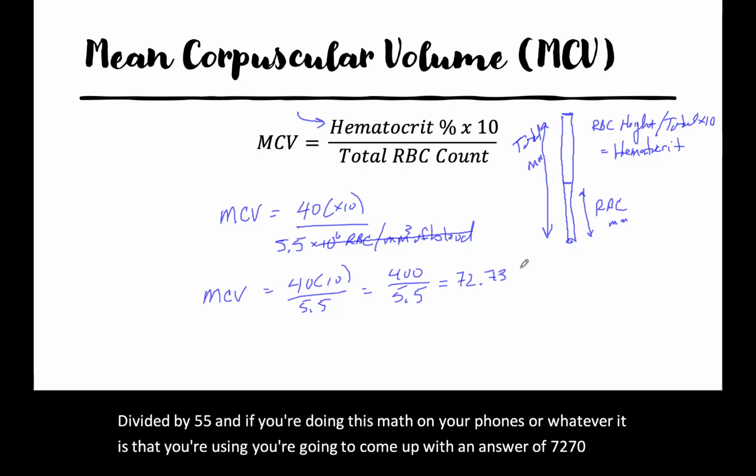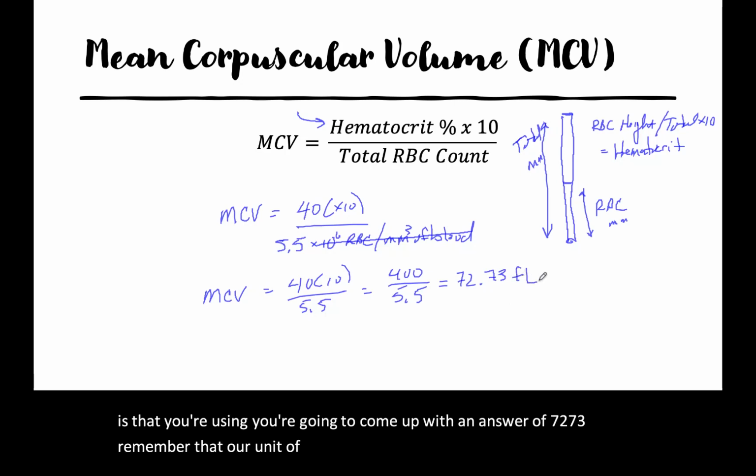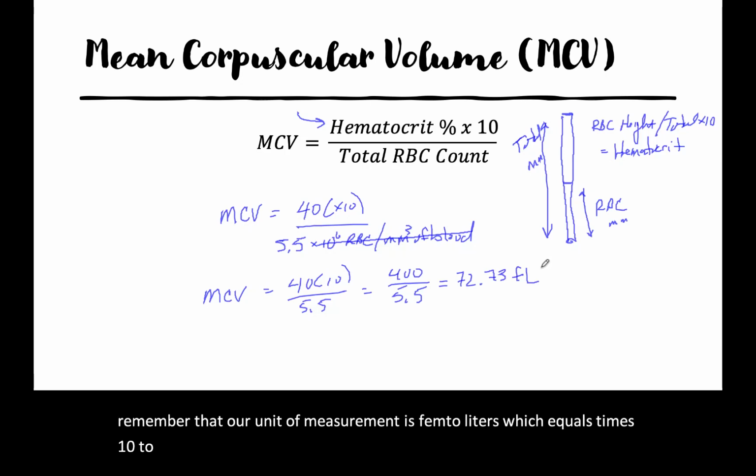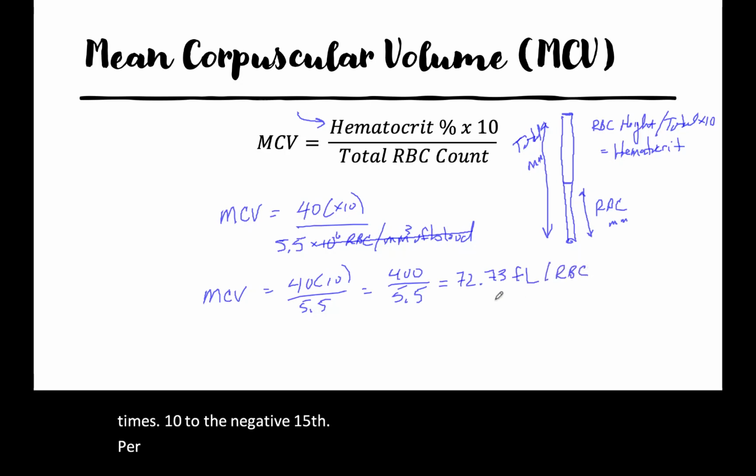Remember that our unit of measurement is femtoliters, which equals times 10 to the negative 15th liters per RBC. This represents the average volume of a red blood cell.